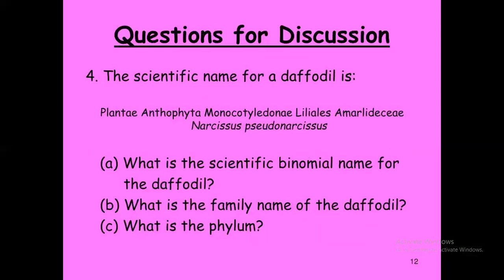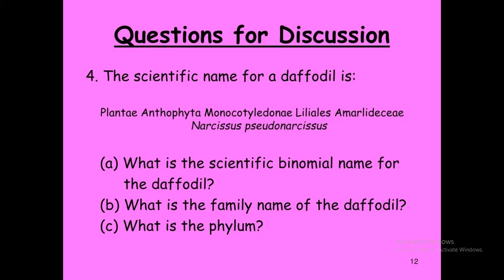Before we move forward, I would love to have some questions for discussion. Here you can look on the screen that the classification for a daffodil is being given in correct order: Plantae, Anthophyta, Monocotyledonae, Liliaceae, Amaryllidaceae, Narcissus, pseudonarcissus.